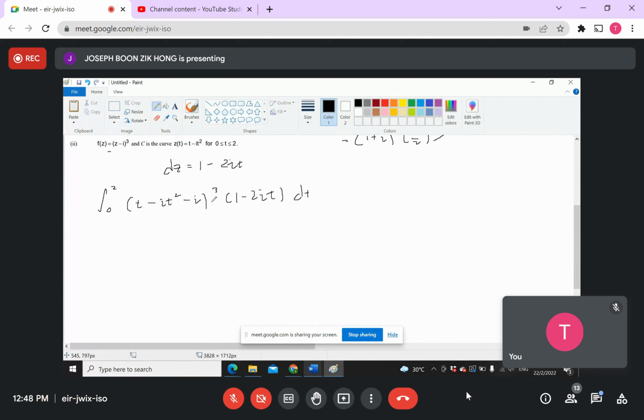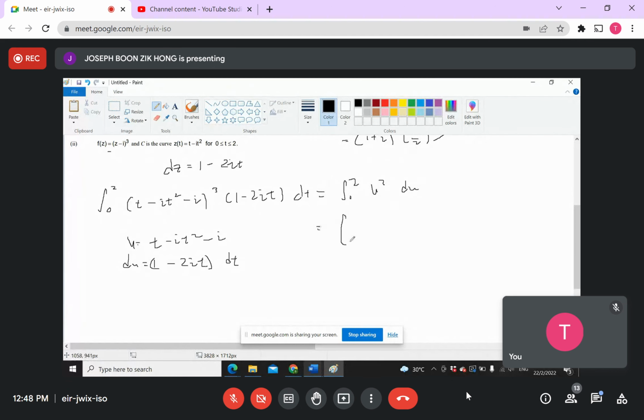What is difficult is, even difficult also not difficult, because this one you don't need to expand anymore. You can just let u equal t minus i t squared minus i, and then du will be (1 minus 2it) dt. So this is equivalent to the integral from 0 to 2 of u cubed du.